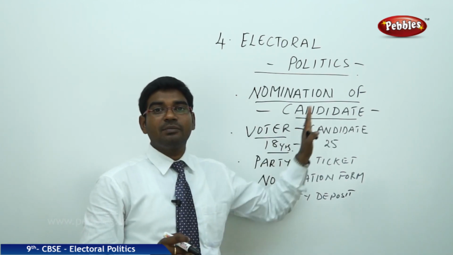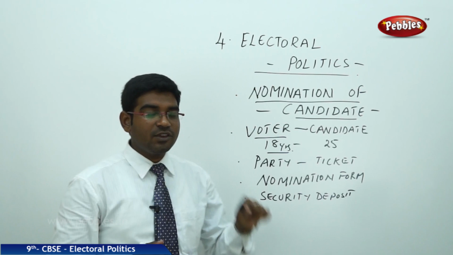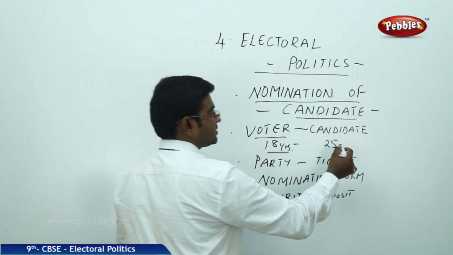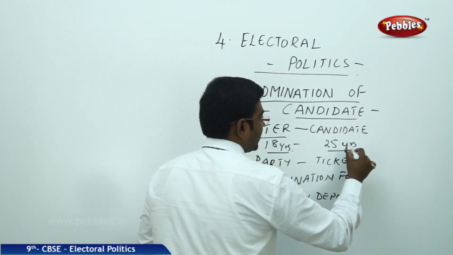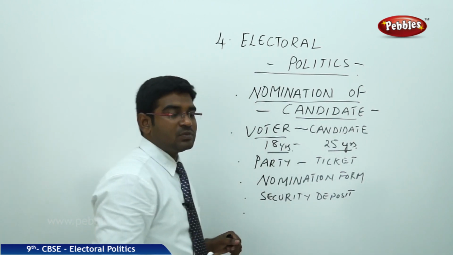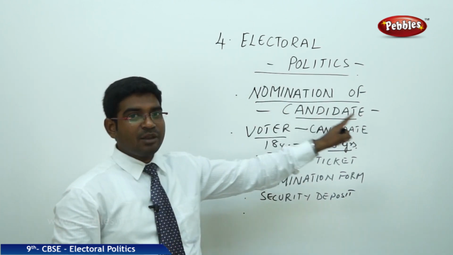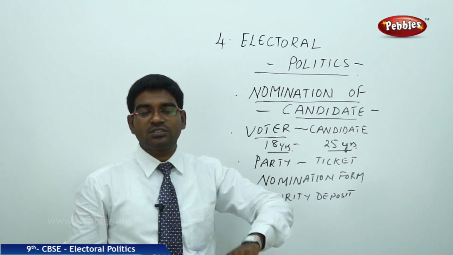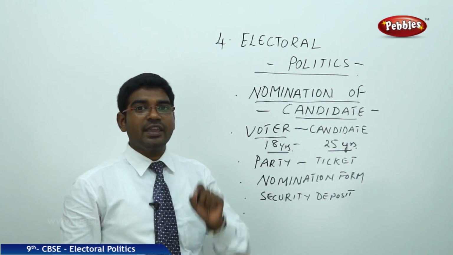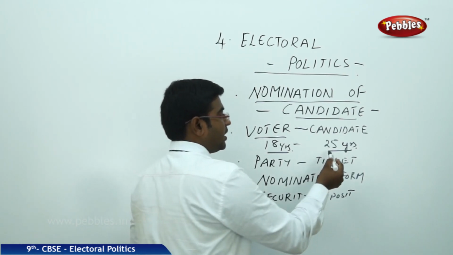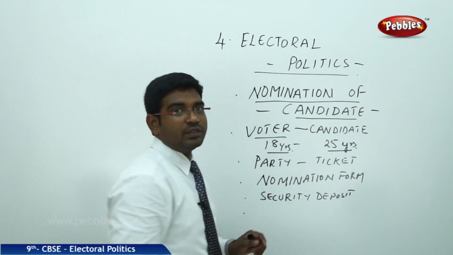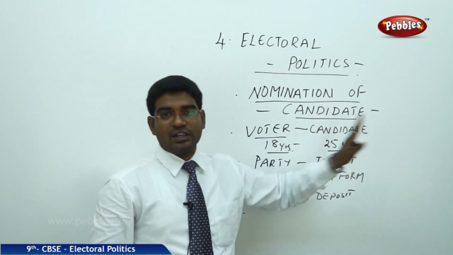Any voter can become a candidate only if the voter's age is 25 years and above. Any voter can be a candidate in the elections, but the voter's age should be 25 years and above. Then only he can contest for the elections.